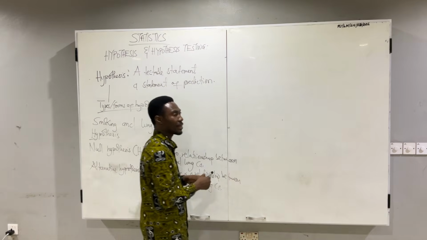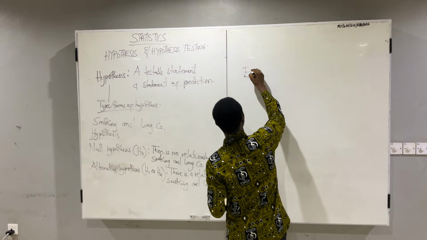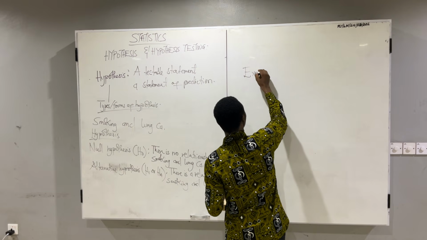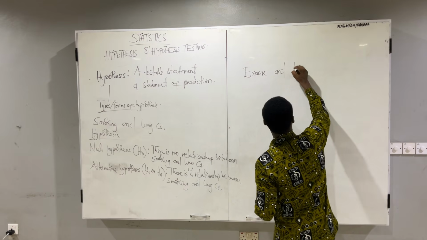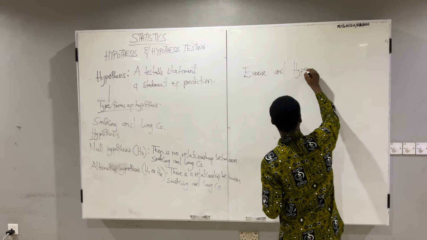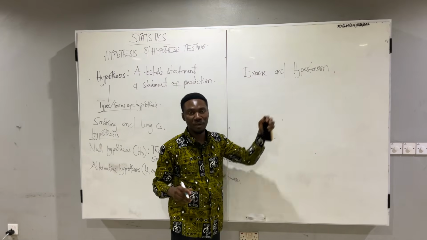Now let's look at another example over here. Exercise and hypertension. Okay, so these are also two variables.